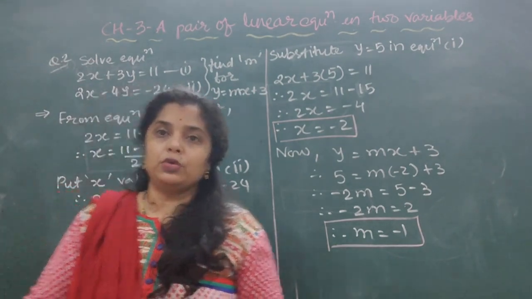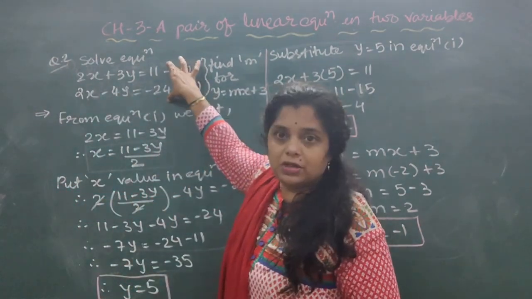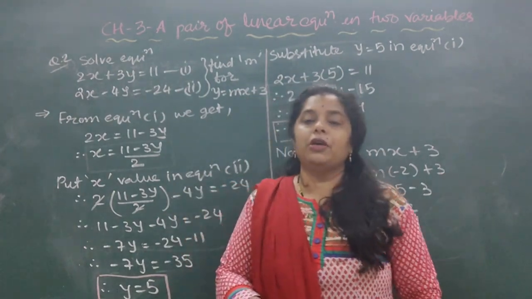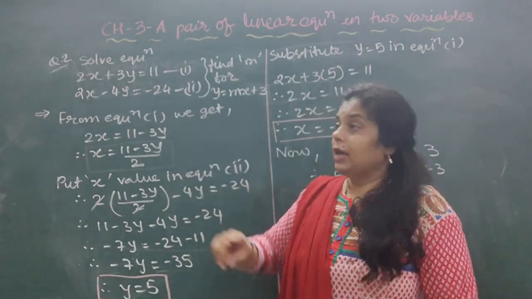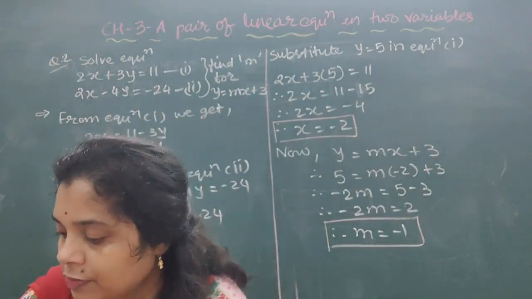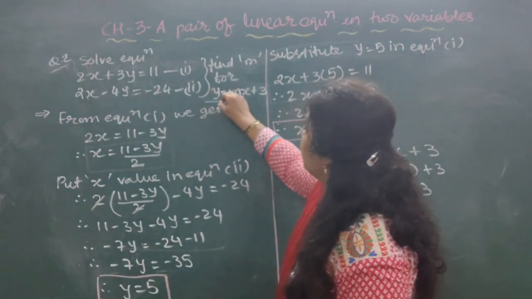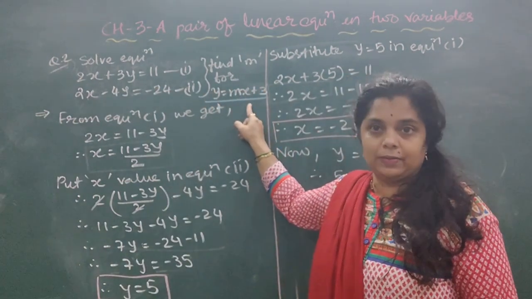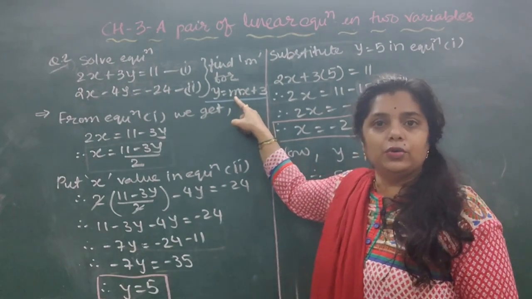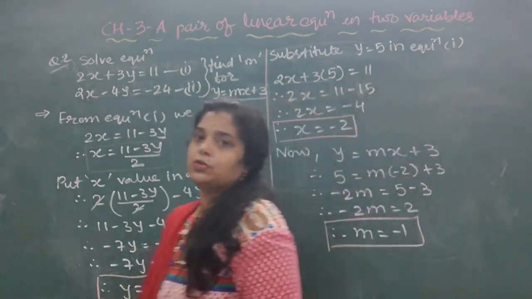By using these two equations, first we use the substitution method to find the values of x and y, and then we put those values in the equation y is equal to mx plus 3, and after substituting the values of y and x we will get the value of m. This is how we have to solve.